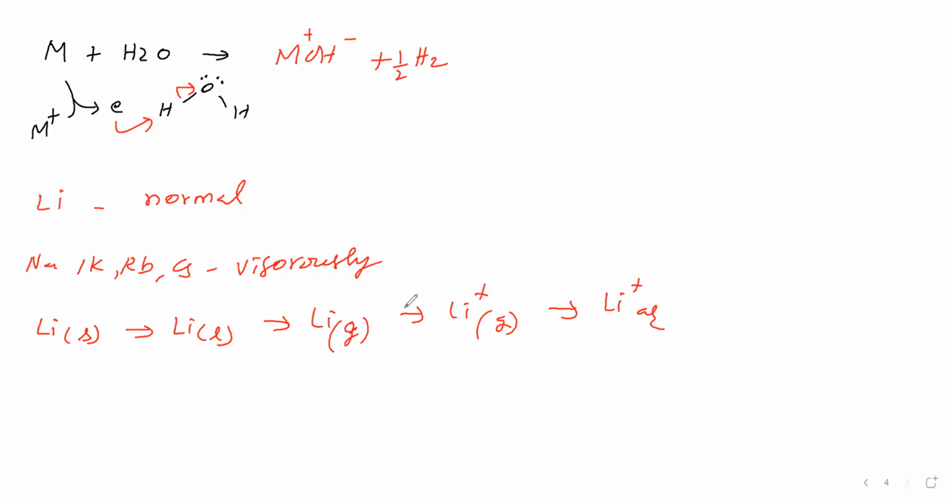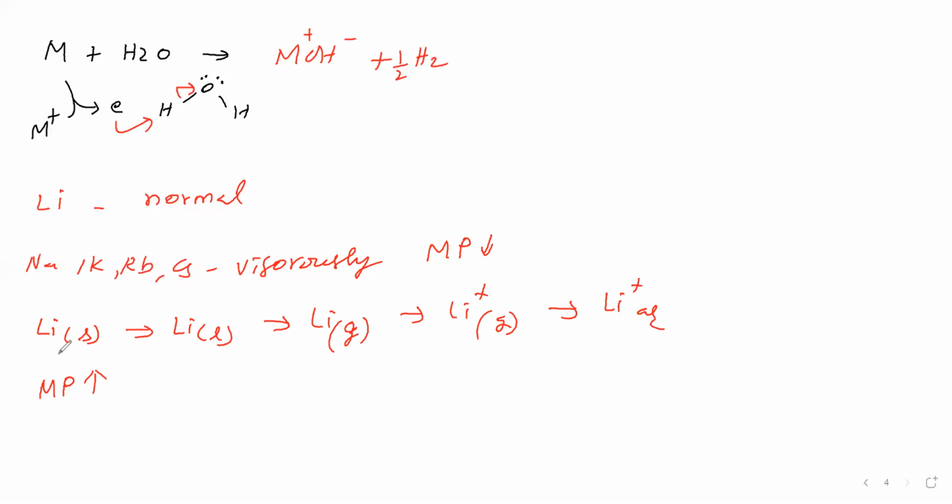Now, this lithium metal's melting point is high. Other metals' melting points are low. Therefore, lithium is not melting easily, whereas the others melt easily. Why is it not melting easily?